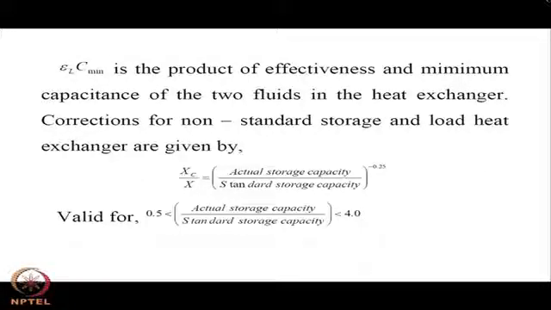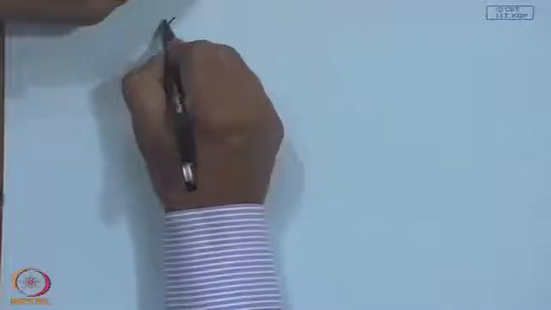So, if the standard storage is not there, or the heat exchanger effectiveness is not the standard, just like we had done in the case of the F chart method, the corrections have been given.